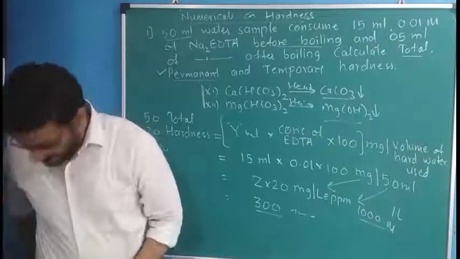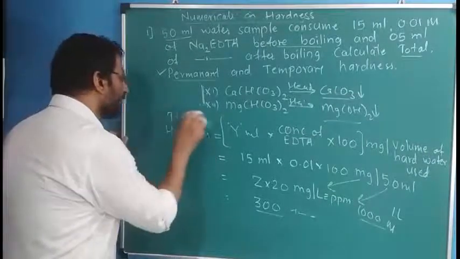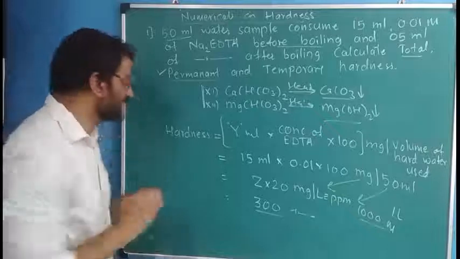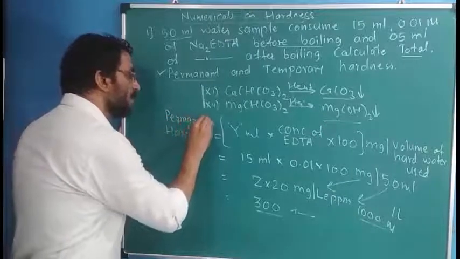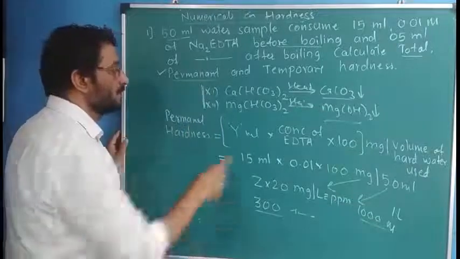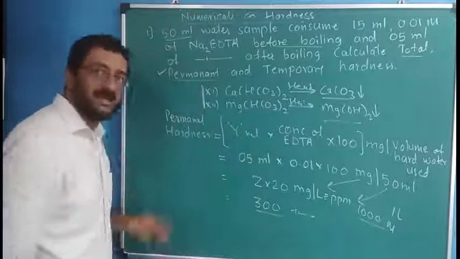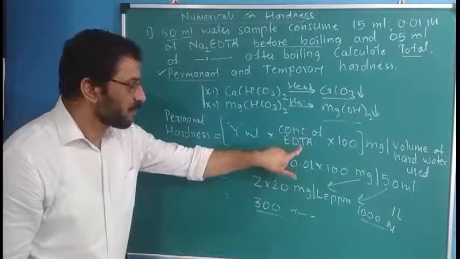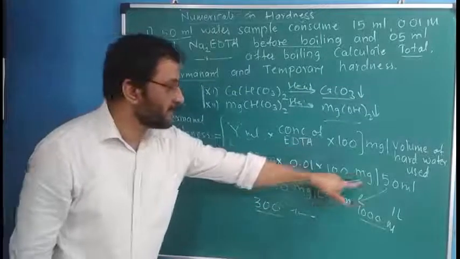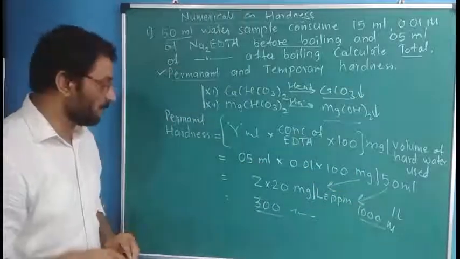This is total hardness. Simply put the values and you will get the answer. Now go to permanent hardness, the second answer. We have already seen what permanent hardness is. What EDTA volume is required? After boiling and filtration, it is 5 ml. So 5 into the concentration of EDTA into 100, again milligram per 50 ml, since 50 ml volume was used.